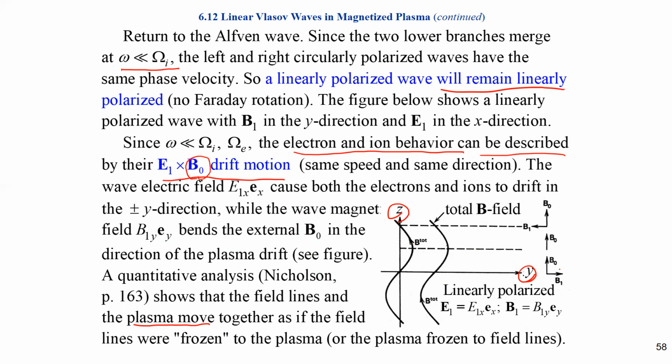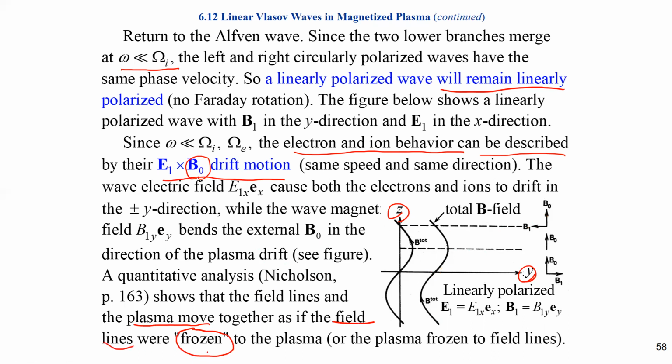The superposition of B0 and B1 is shown here. So the magnetic field moves as in the E cross B drift. So it looks like the plasma is frozen. The field line is frozen.